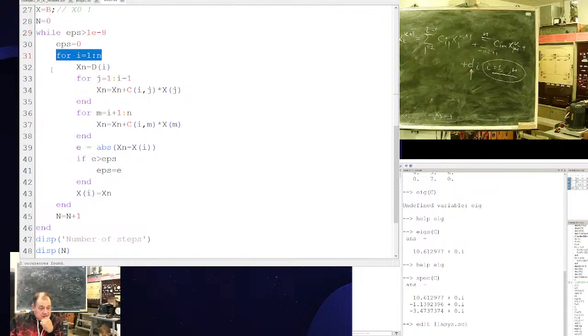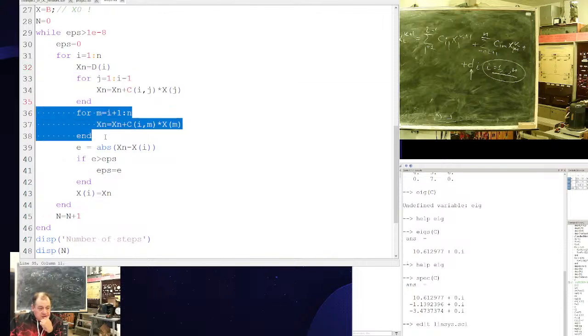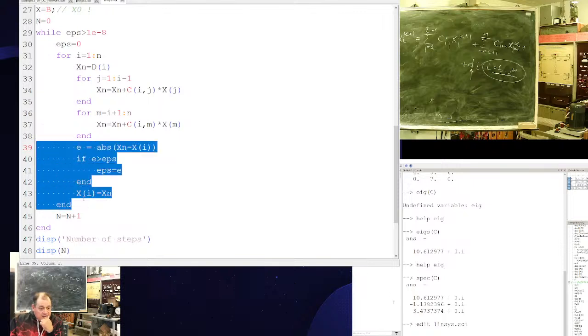Outer cycle for rows, inside first sum of Seidel technique, second sum of Seidel technique, and precision.